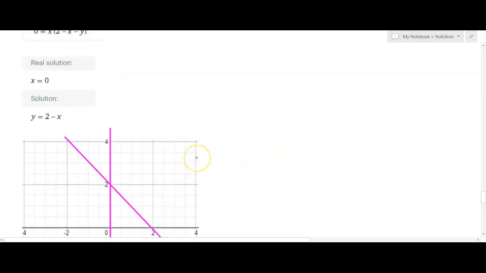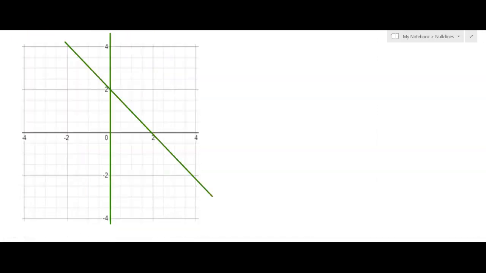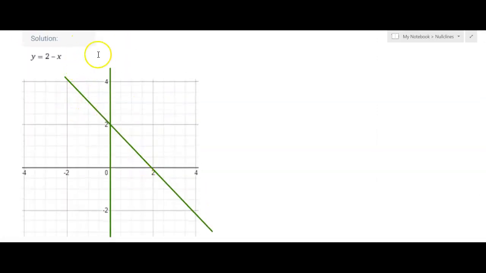And so now, since this is where all the points along these pink vectors have a dx dt component of 0, we need to figure out what's happening along all these intervals. Okay, so that means I need to look at my 4 regions here.